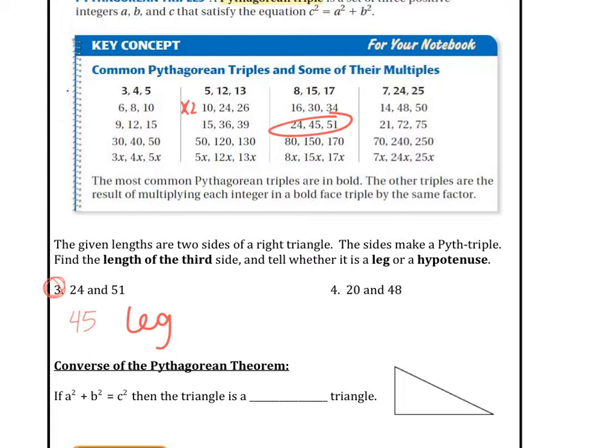Okay, and then 20 and 48. You can scan through the list, you see it. Okay, but remember you can also use multiples of the basic ones. So which of those could you multiply to get 20 and 48?